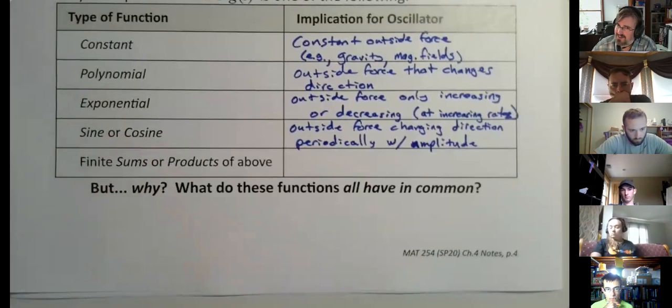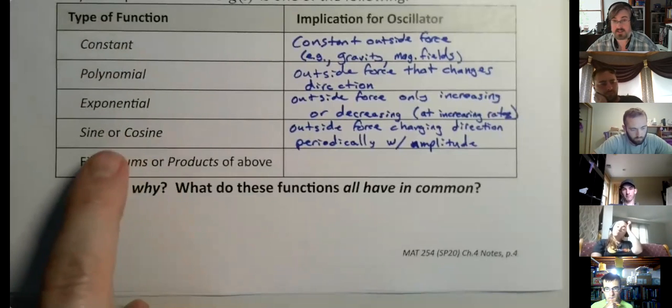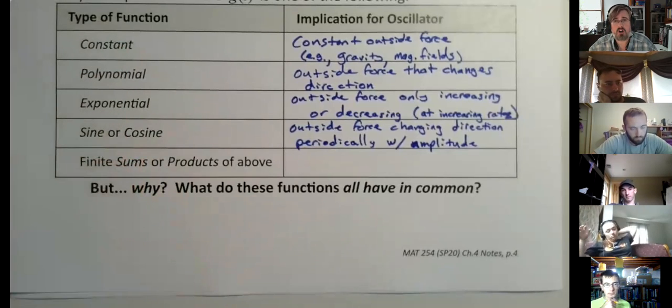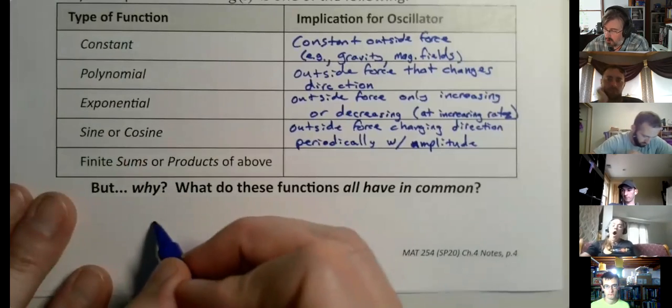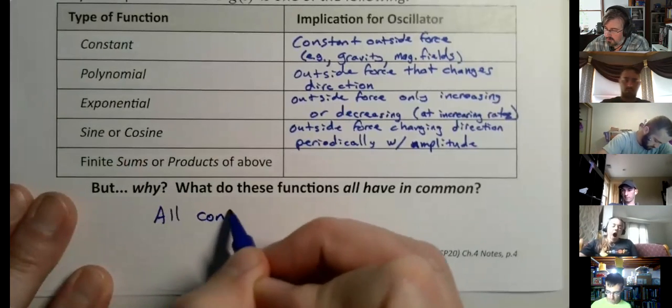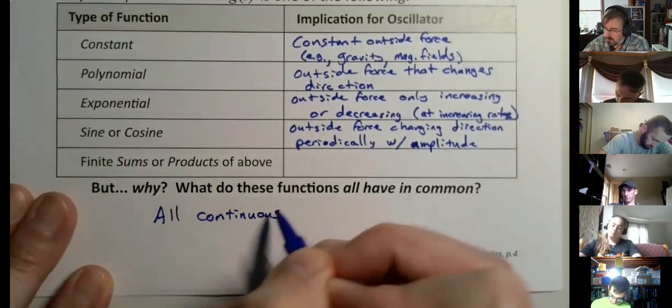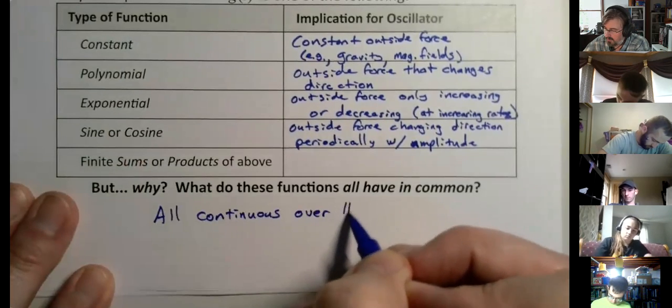What does tangent have that sines and cosines don't have? Vertical asymptotes? Yes. In other words, all of these functions, including sines and cosines, are all continuous. They're all completely continuous over the real numbers.